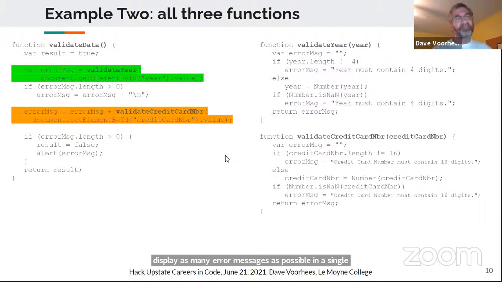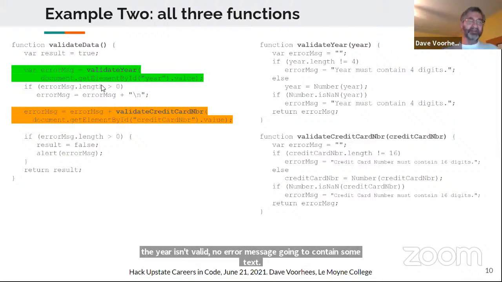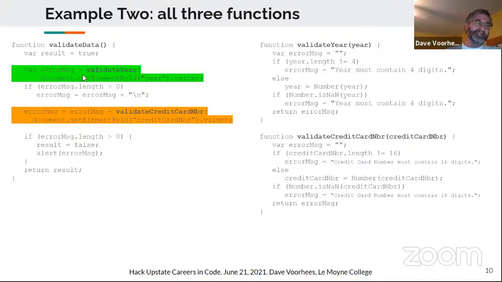And so I want to have those error messages displayed nicely line by line. And so I want to add a new line character, which we can see over in the validate data. If the year is invalid, we know error message is going to contain some text. The if statement for error message.length will be true. And so we add a new line character. I'm doing that over here in validate data.